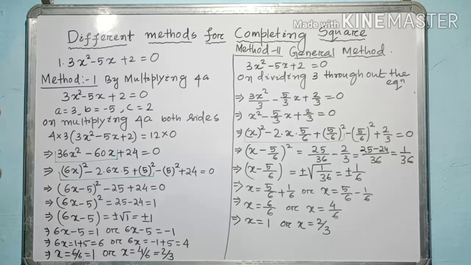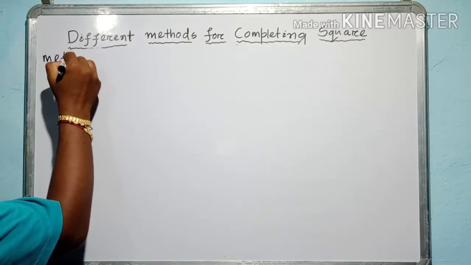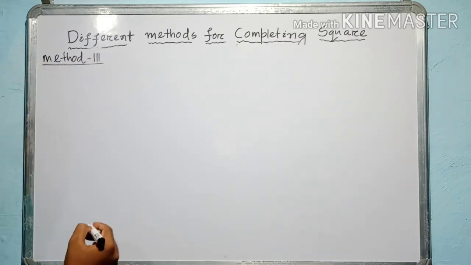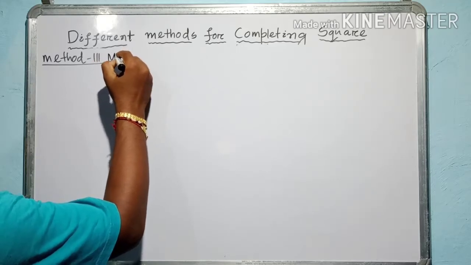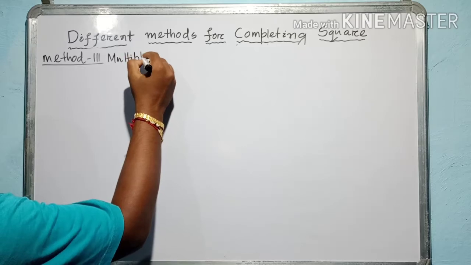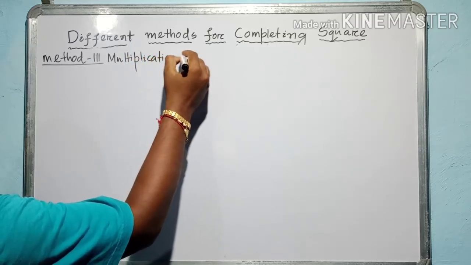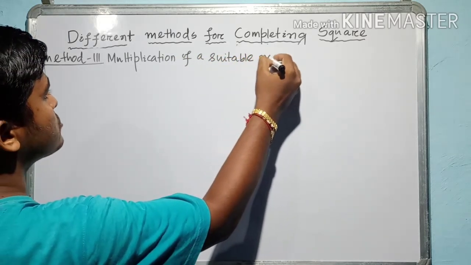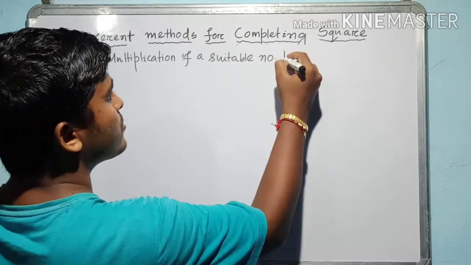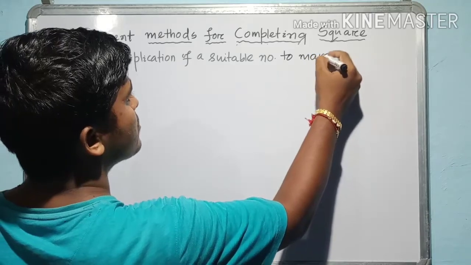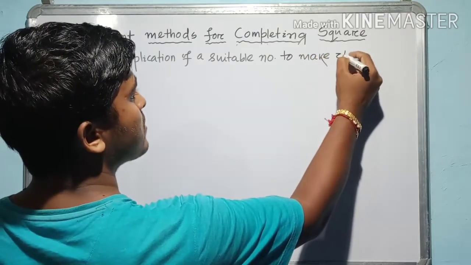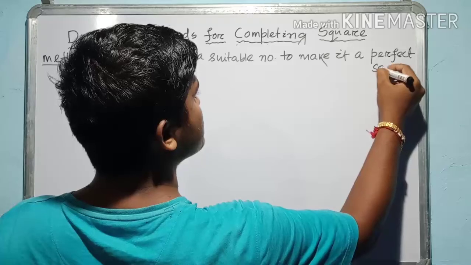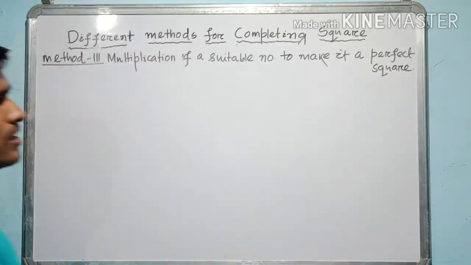Now let's move to another method. Method 3, multiplying by a suitable number to make a perfect square.